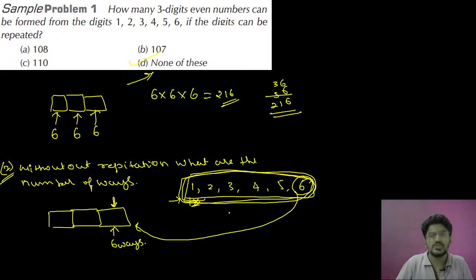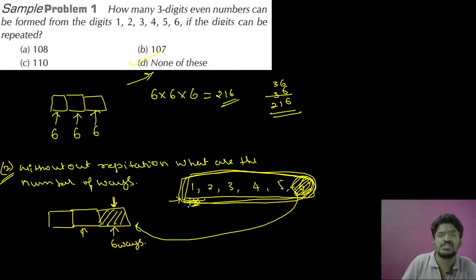Now you have chosen one number and kept it here. How many are remaining? Only 5 are remaining because one is already used. So this has 5 ways. From these 5 numbers, you choose one and keep it here.